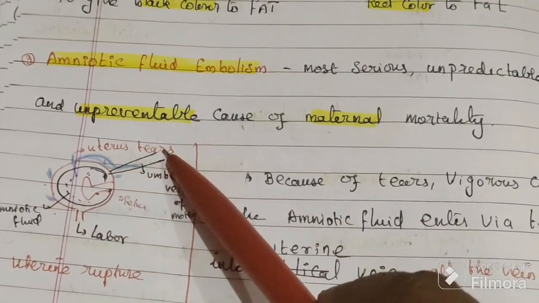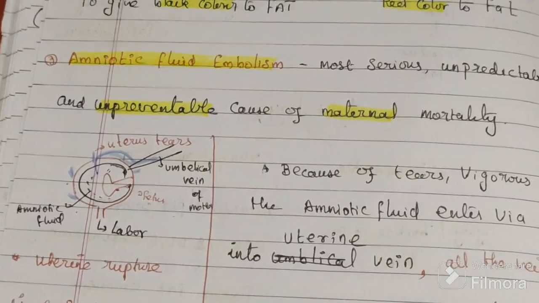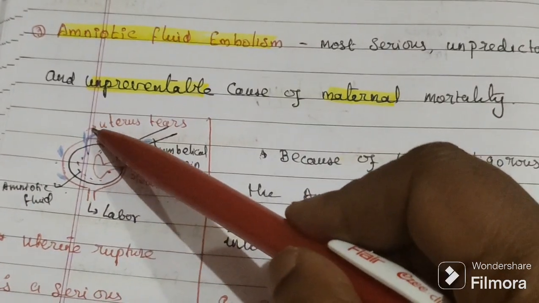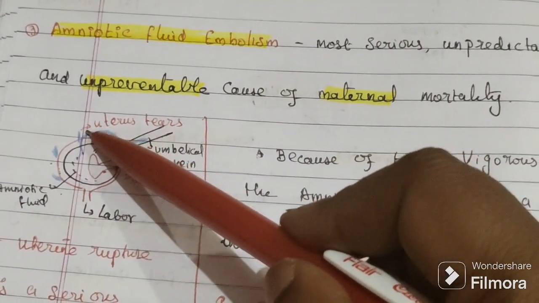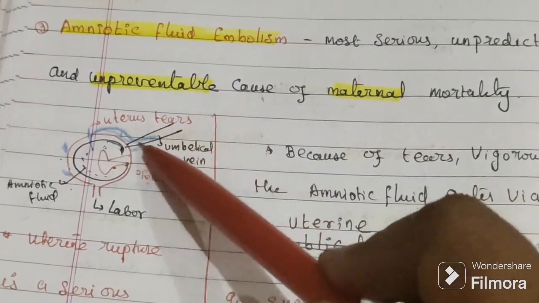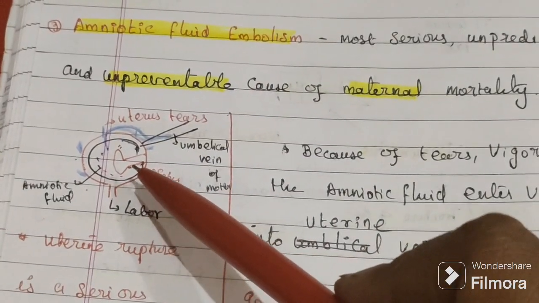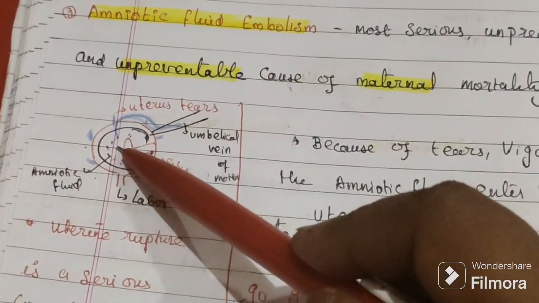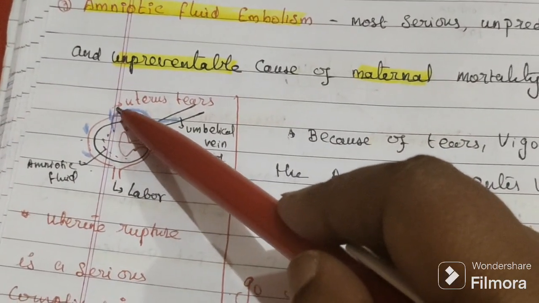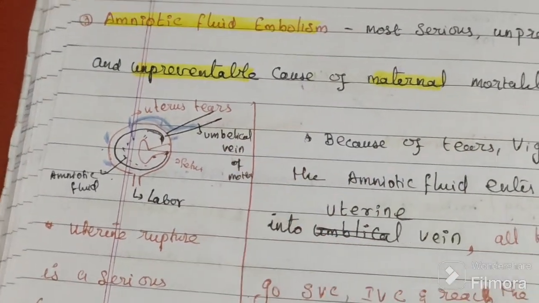With vigorous contraction during labor, the amniotic fluid will enter these tears, and along with the uterine tears it will reach this umbilical vein.